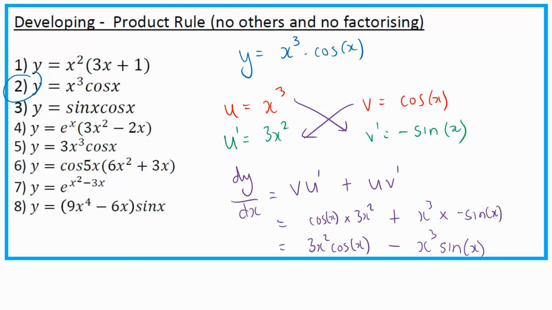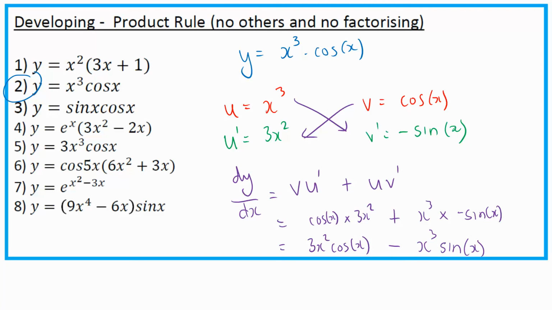In year 12, this is not a proper answer. This is an unsimplified answer. So when I give you the worksheet, you'll see this is no factorizing. You're meant to factorize in year 12, because wherever you can simplify, factorizing is simplifying. So here, you're meant to look at the common factors between 3x squared cos x and x cubed sine x.